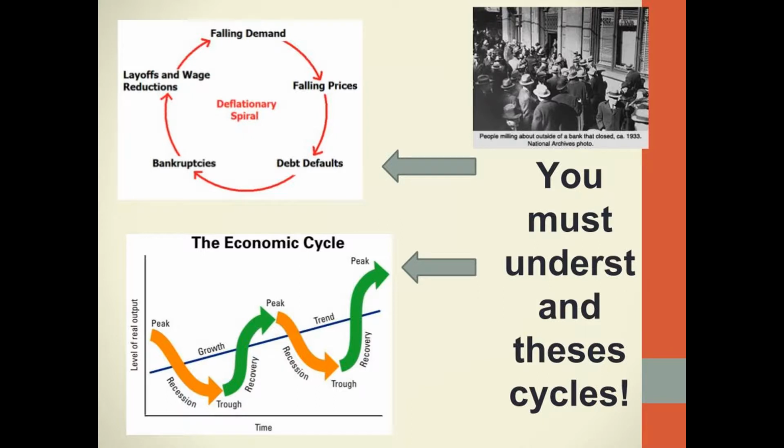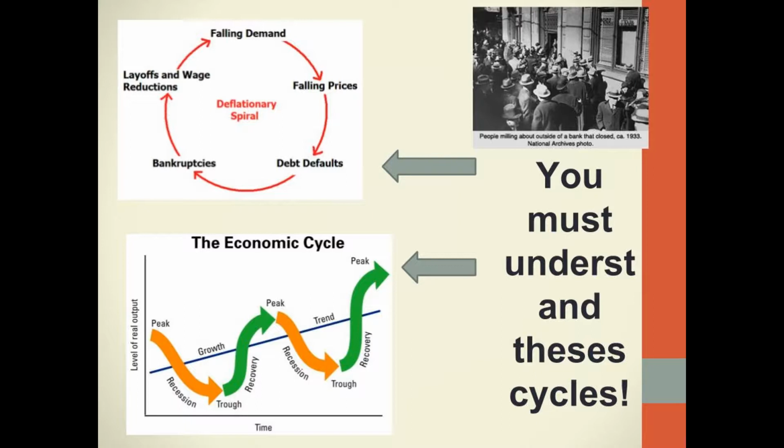We also get layoffs, and the businesses and factories and companies weren't able to pay their workers. So again, they began laying them off. So we saw wage reductions as well. And then this whole cycle just keeps going round and round and round. This is the deflationary spiral.